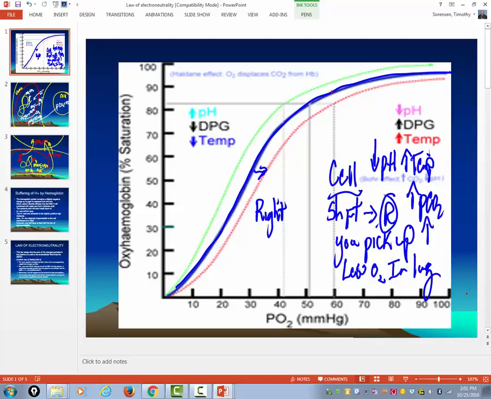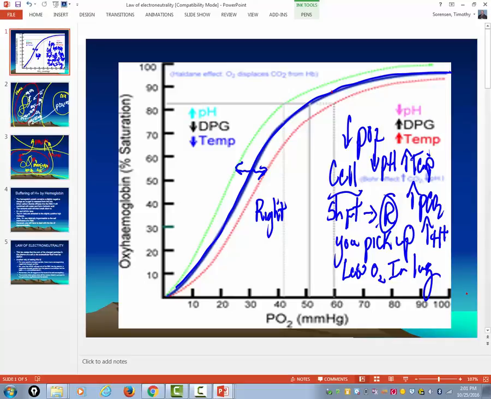And an increase in hydrogen ions, which is the same thing as a drop in pH, and then a decrease in PO2. Those are all the conditions at the cell. So it will allow the oxygen to fall off, but it won't allow the oxygen to bind in the lungs. Are you following that? Yeah or no? Well, try.